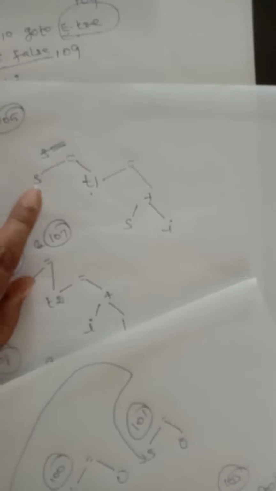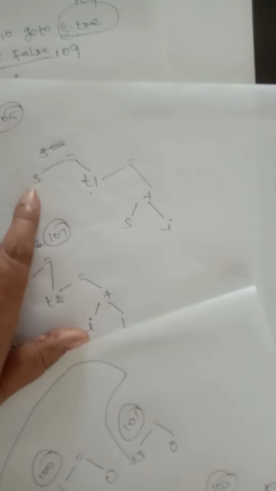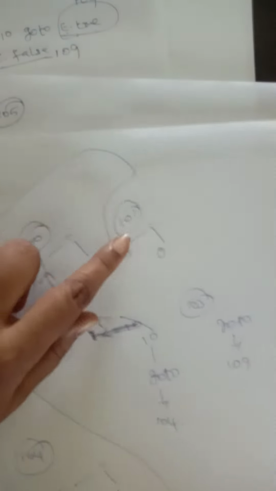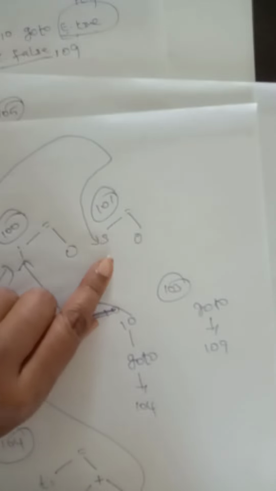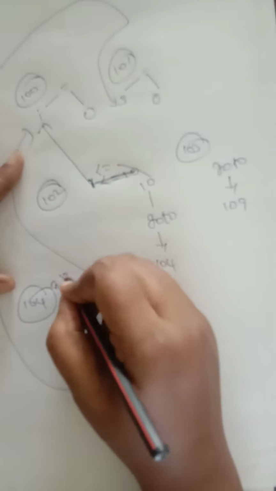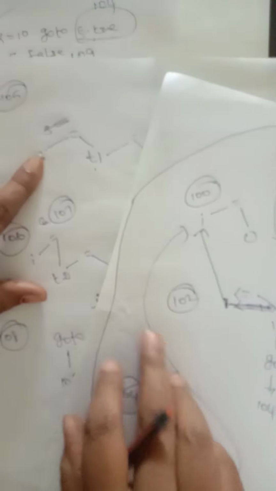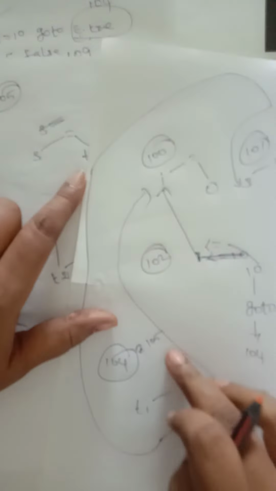Next we have to construct DAG for the line number 105. What's 105? S equal to T1. Already S is stored in where? S is stored in the line number 101. So in that we have to replace S value. 105 is S equal to this part. Already we constructed DAG for this here.